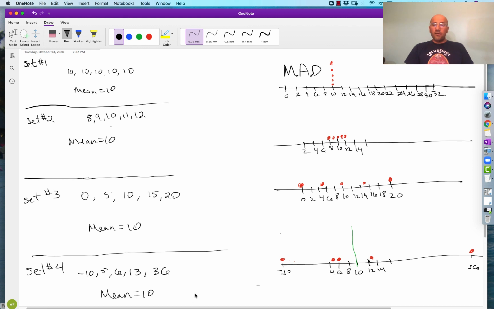So the mean for all of these sets is exactly 10. It's supposed to be a straight line. There it is. Here's the marker, the 10.